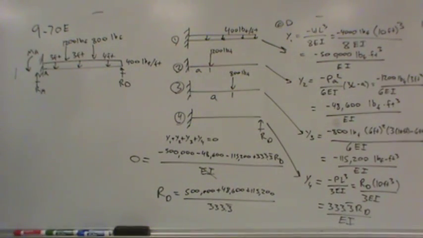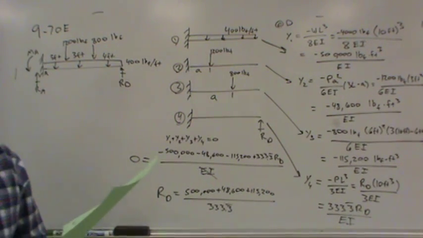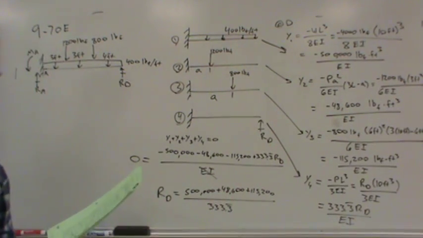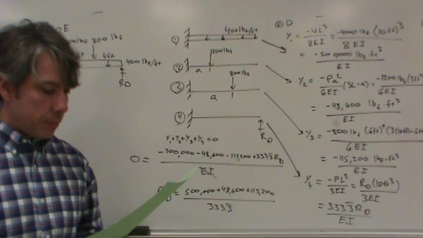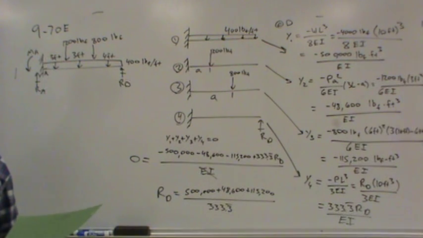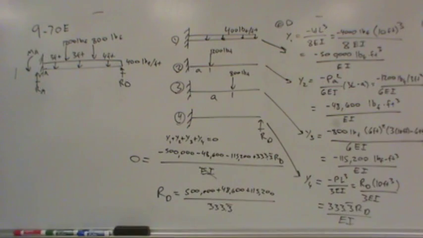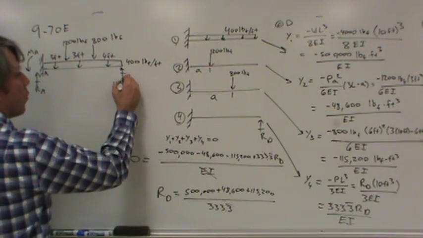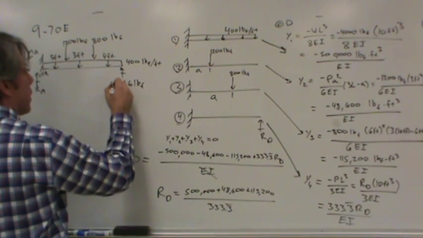That should be R sub D. So put that in your calculator, please, because I put 50,000 in my calculator when I did this before, and I got the wrong answer. 1,991.6 pounds force? 1,991, okay.